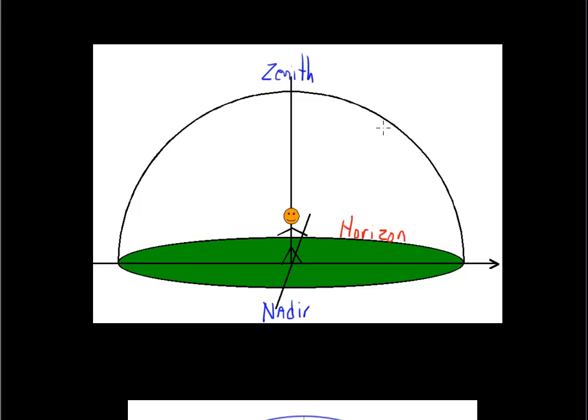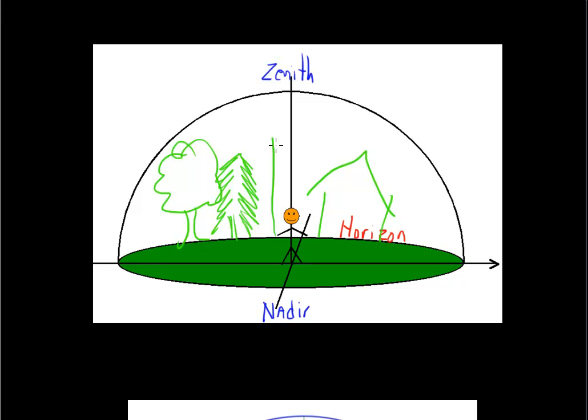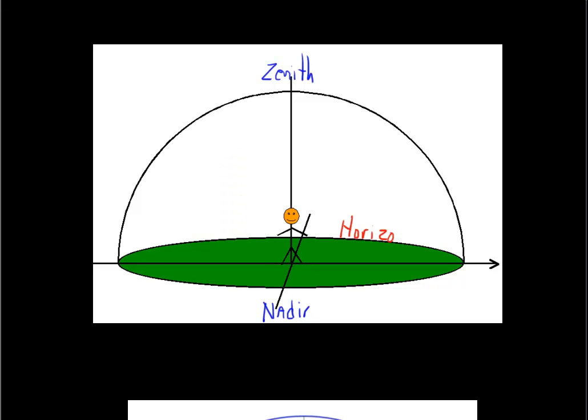If we were actually talking about here in Virginia, we would have these huge trees, whether they be evergreen or deciduous. We would have houses. We would have light poles. Everything would be covering our horizon. What we like to do is to actually talk about a perfect situation that wouldn't have any of that.